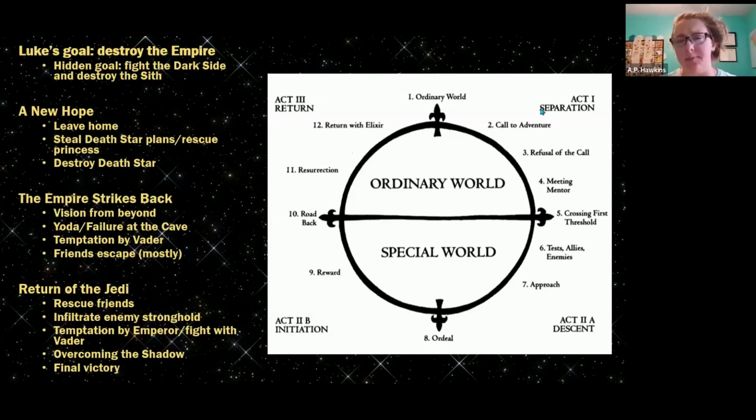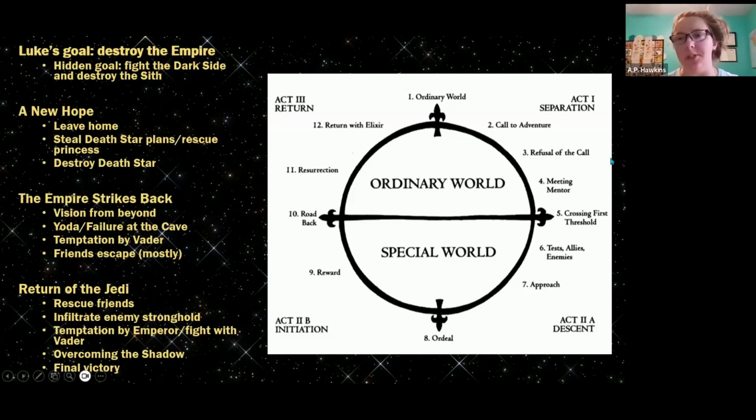So obviously, when we start in A New Hope, he's in the ordinary world. R2 brings the call to adventure, brings the message that leads him to meet his mentor, Obi-Wan, and provides the call to adventure. And initially he refuses to go. He says, I can't leave. My aunt and uncle need me. I can't just go wandering off who knows where in the galaxy to fight some entity that I don't really know exists.